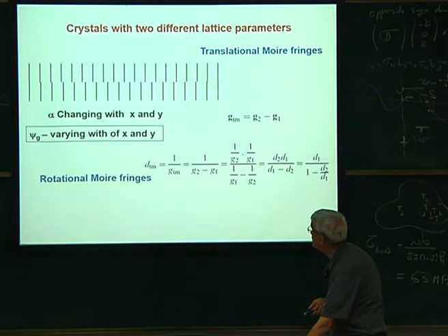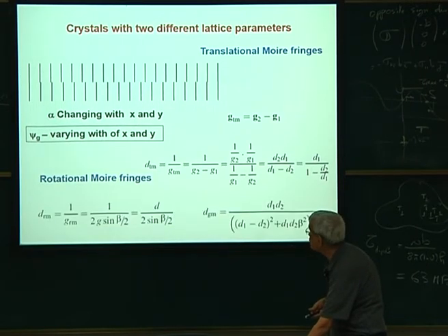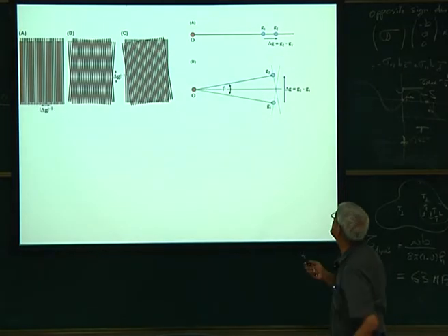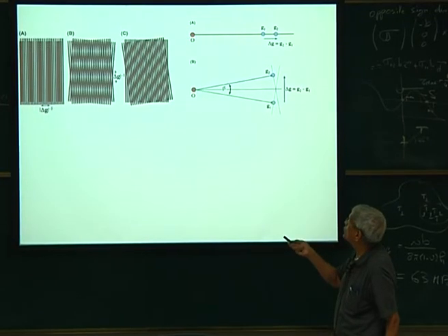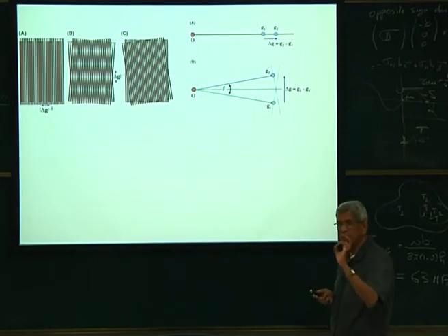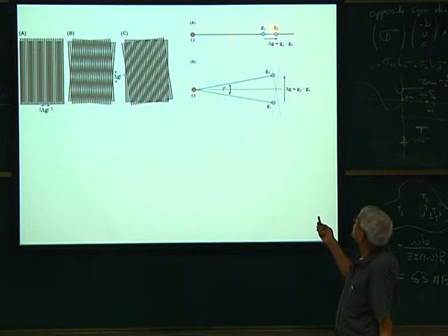So essentially, the fringes could be rotational Moiré fringes, or translational Moiré fringes. How this will appear in the microscope: if you look at the diffraction spot, this is one spot. A lattice with a particular lattice parameter will give rise to a diffraction spot at one particular point.